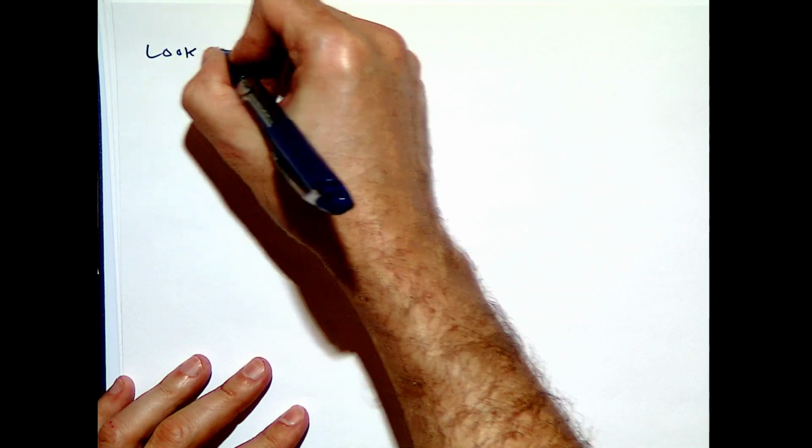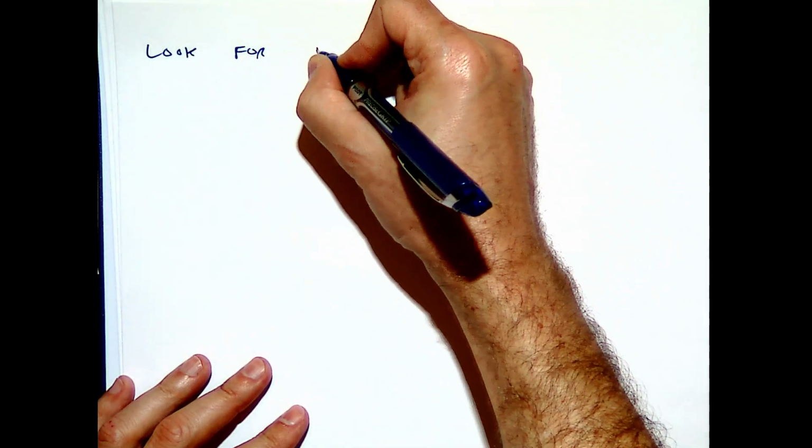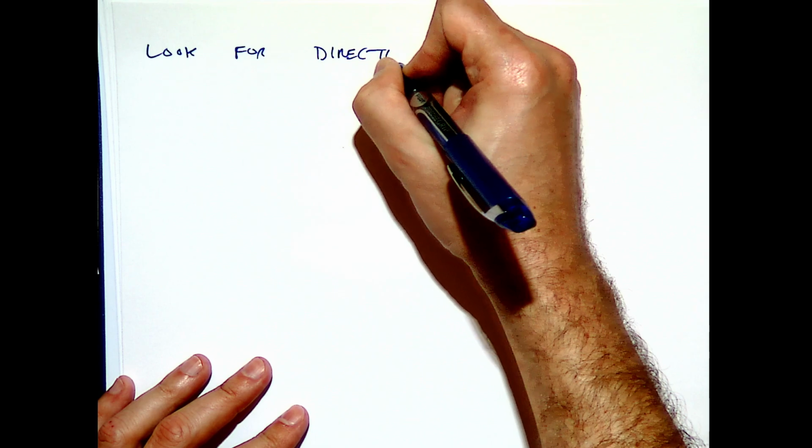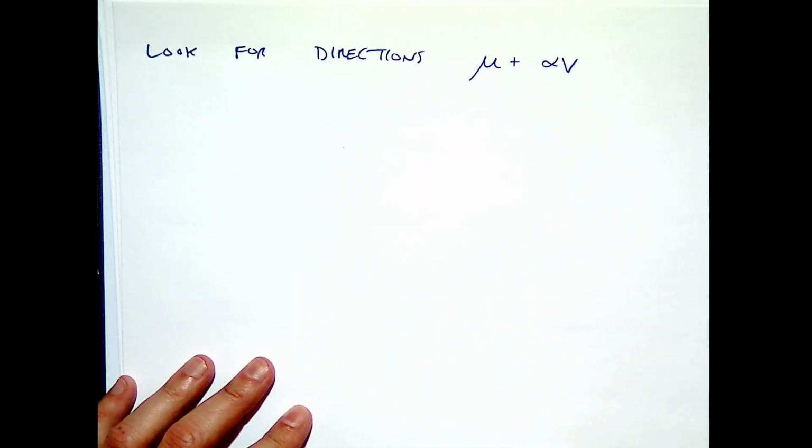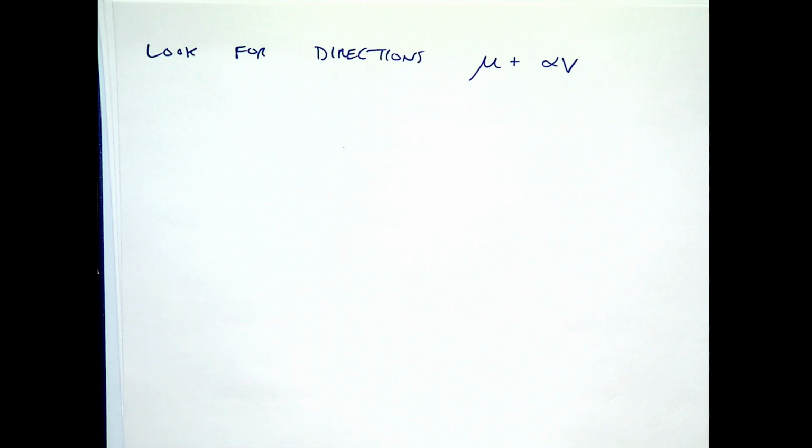So the idea is to look for directions like mu plus moving in some direction v, right? The easiest thing I can imagine doing, and it comes back to GAN space a little bit, is to look for PCA dimensions in the CLIP space, right? Those are probably interesting ways that I could move that come from my training data, right?